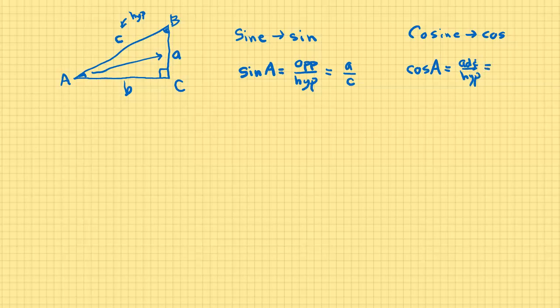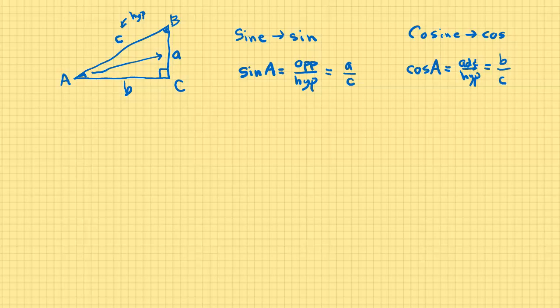If we go back over here to angle A, we want to find the cosine of angle A. Well, we know what the hypotenuse is, and we know what the opposite side is. So that leaves b. b must be the adjacent side. So the adjacent side is b, and the hypotenuse is still c.